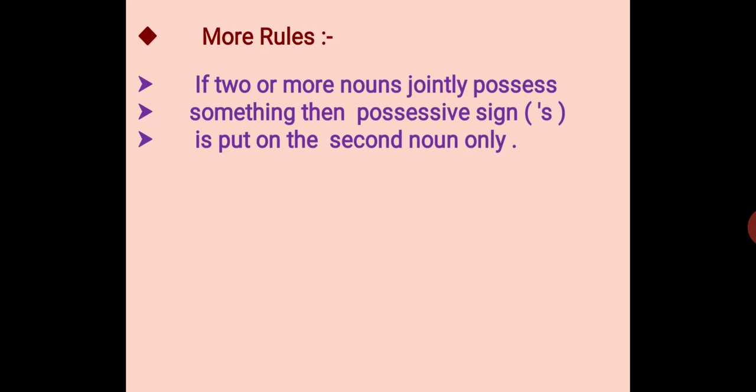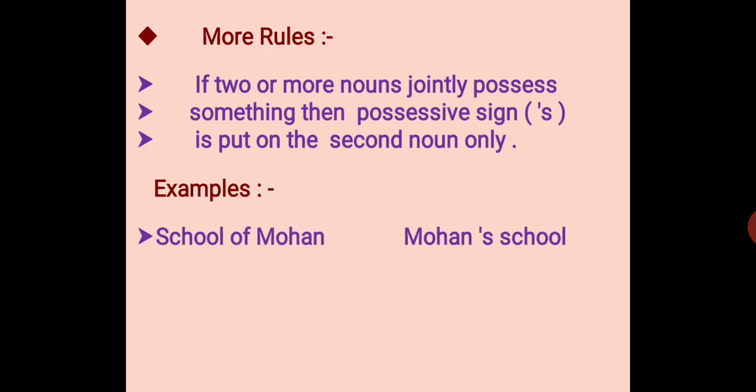Let's see the example. School of Mohan. If we want to change it into a possession form, we can write Mohan's school, right? School of Sohan.